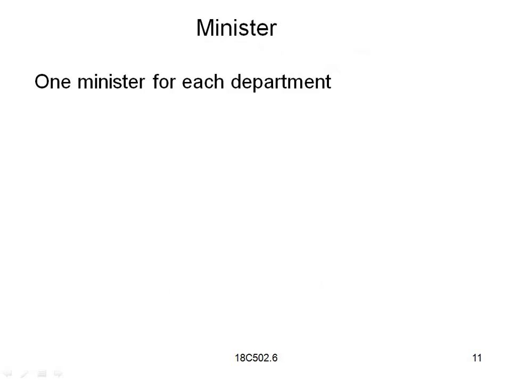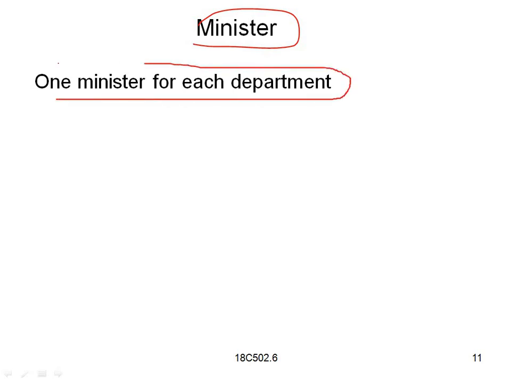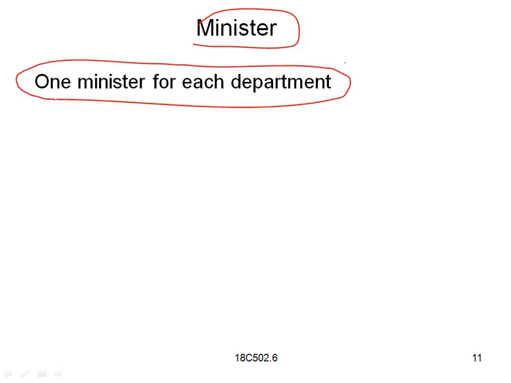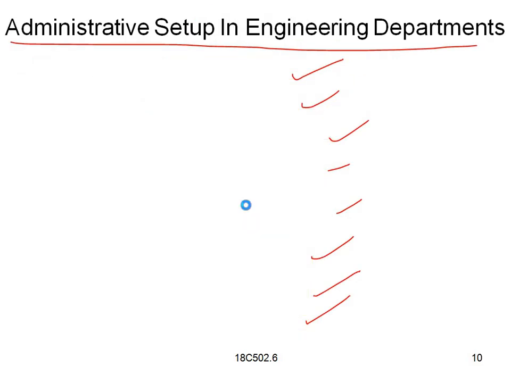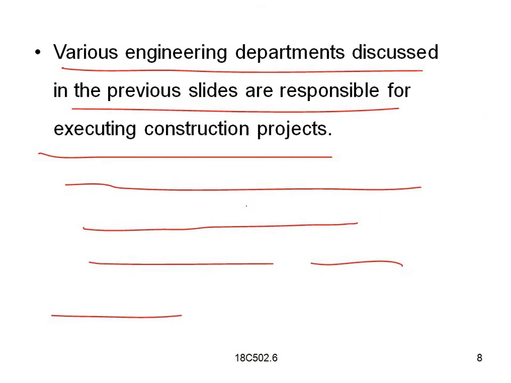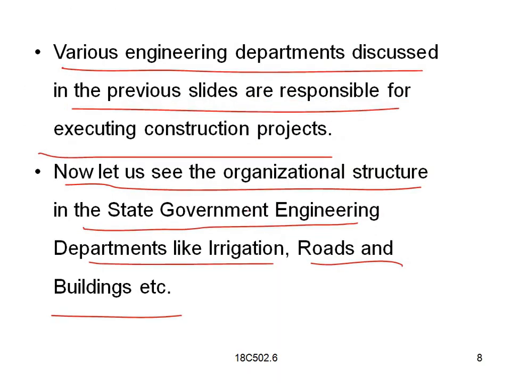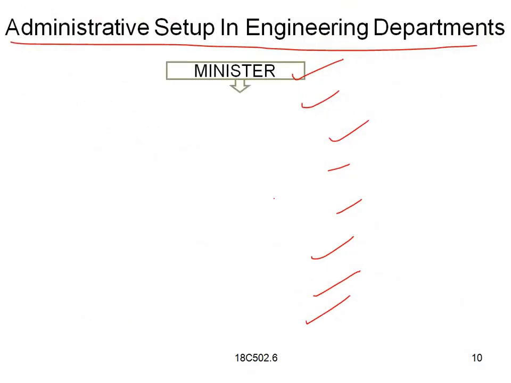So this is a flow chart, and what will the minister be doing here? One minister for each department. We have seen the 6 departments in our one state. I have shown here there are 6 departments.